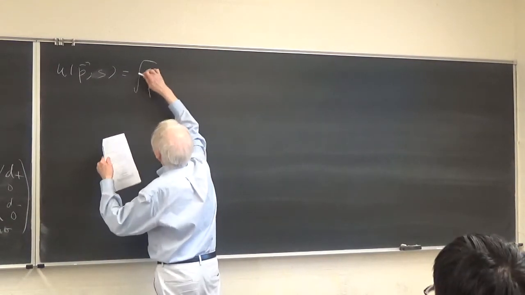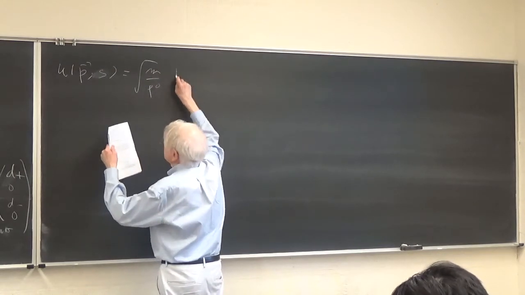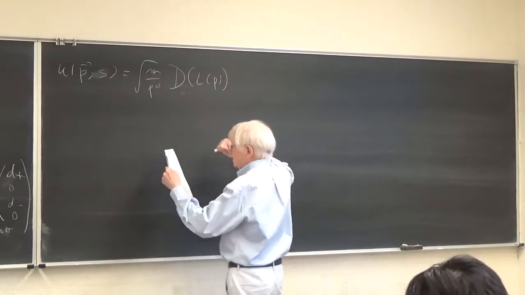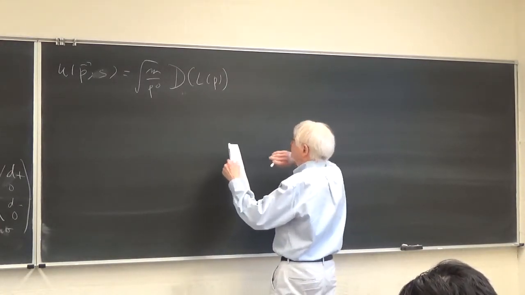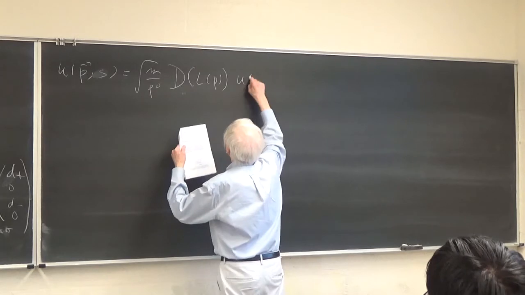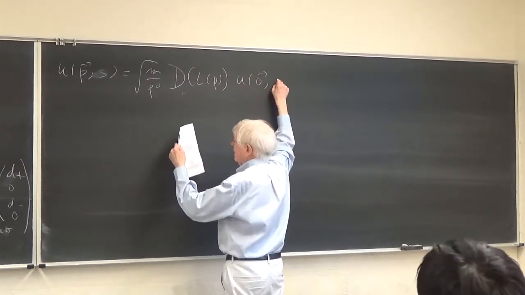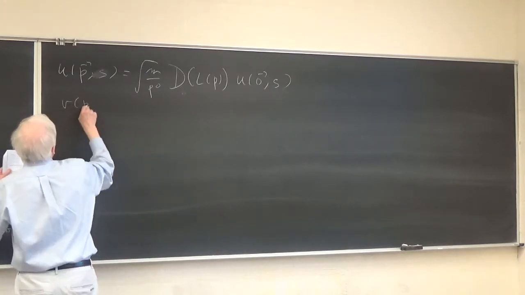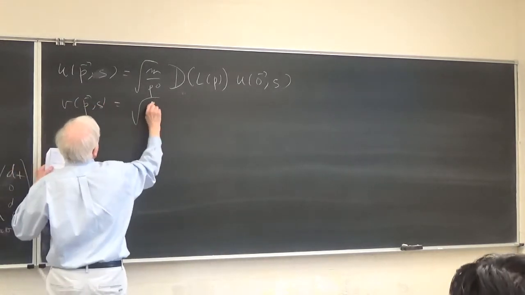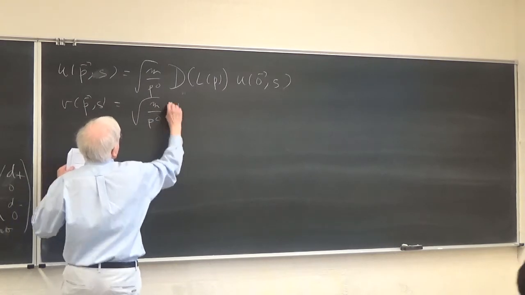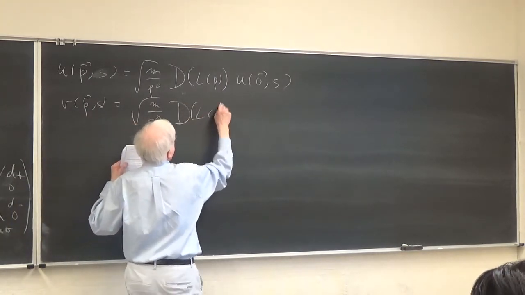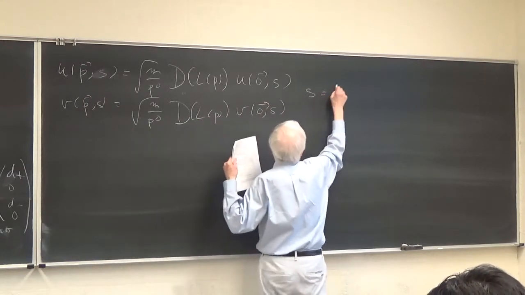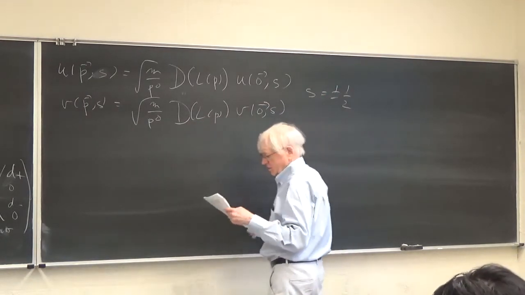It's just a canonical m over p0, a Lorentz matrix times u of 0 and s, and v of p and s is the same thing, m over p0, D of L of p, v of 0, and s. Here s is equal to plus or minus a half.